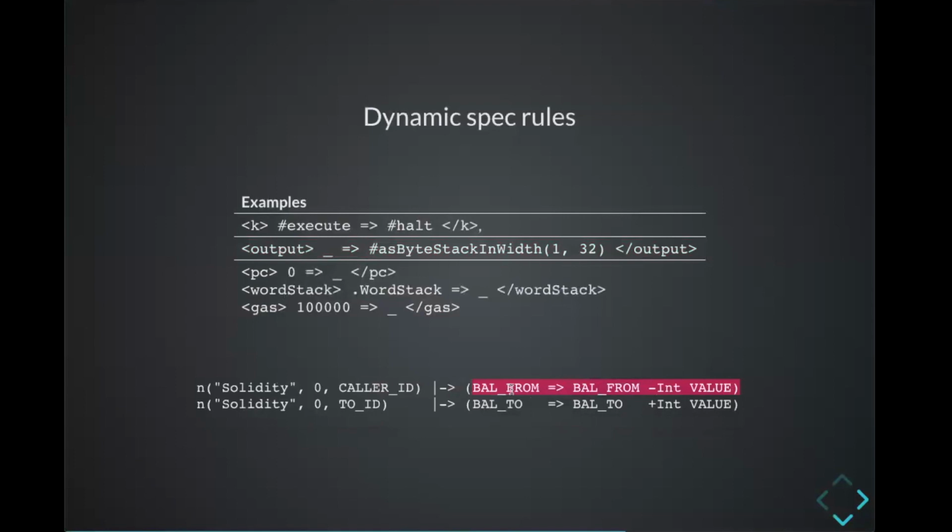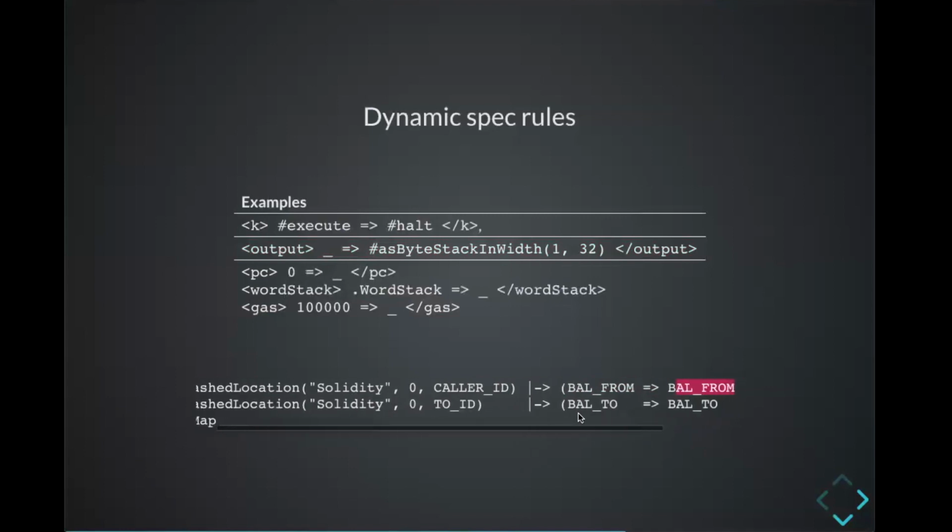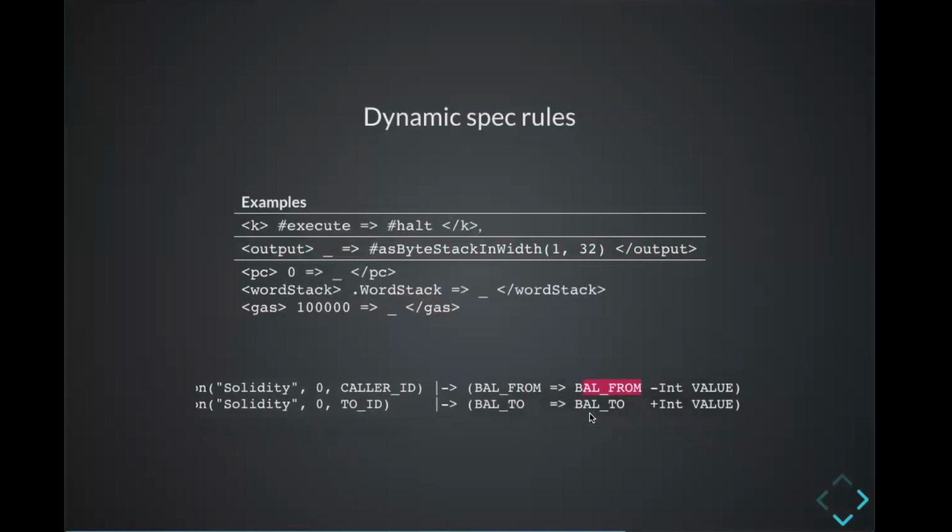So it will begin with some value that we name as balance from, and it will end up with the same value minus the variable value. And you can see that the second line does pretty much the same thing, except with different symbols.